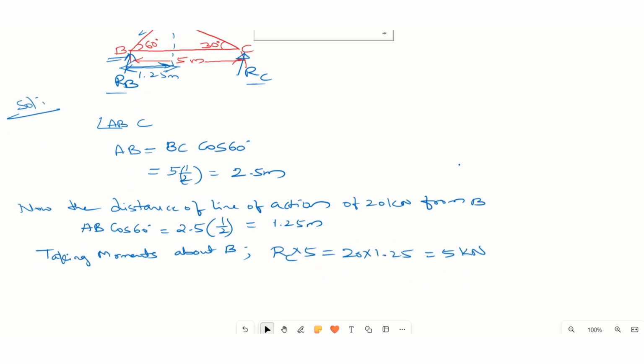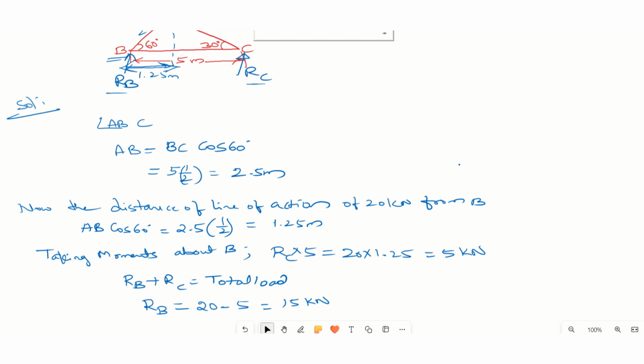We already know RC, so RB equals total load minus RC. The total load is 20 kilonewtons, minus RC which is 5 kilonewton, so RB equals 15 kilonewton. So till now we have calculated the reactions.